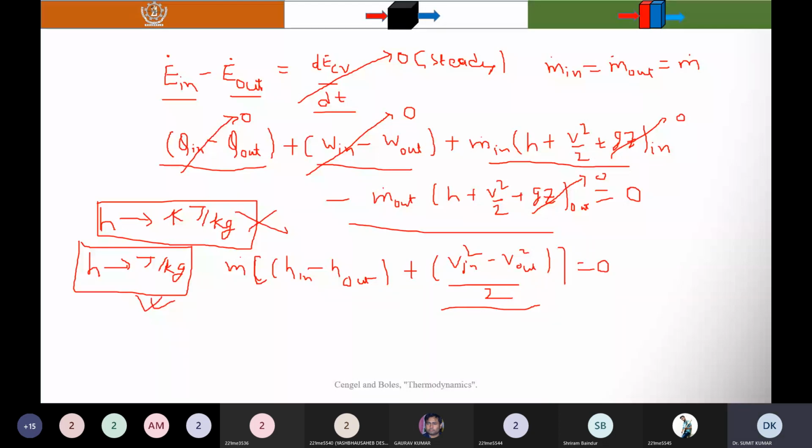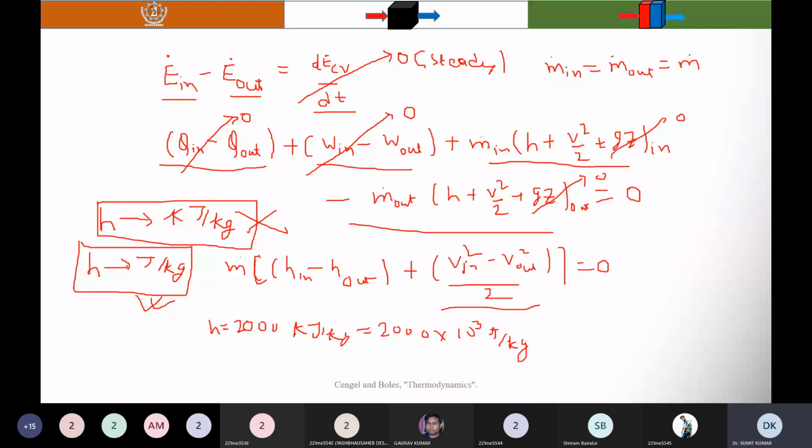If it is given that h is, suppose, 2000 kilojoule per kg, then you multiply it by 1000, so it is 2 times 10 to the power 6 joule per kg. In this way you simplify the energy balance.